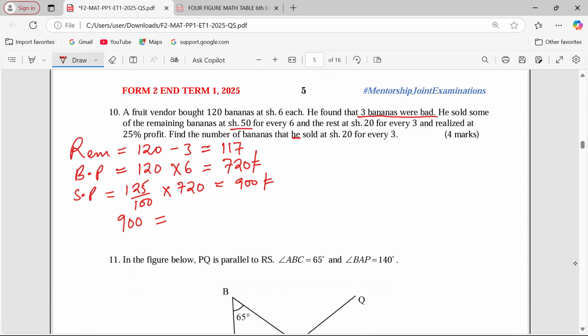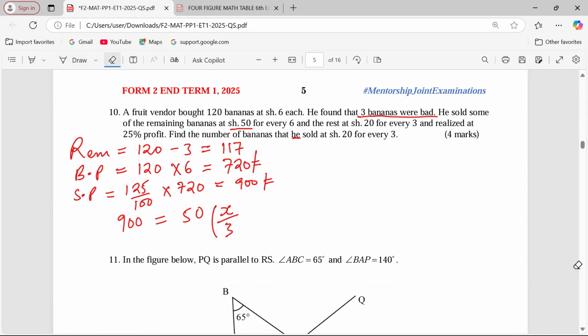at 50 for every 6. So in groups of 6, we can have 50 multiplied by x fruits.